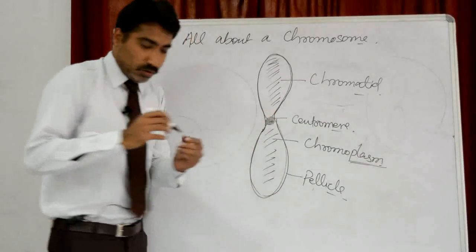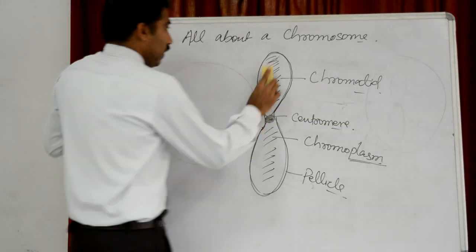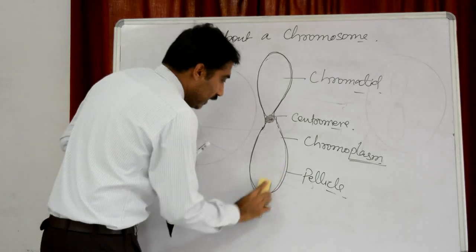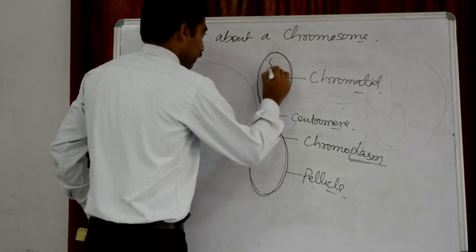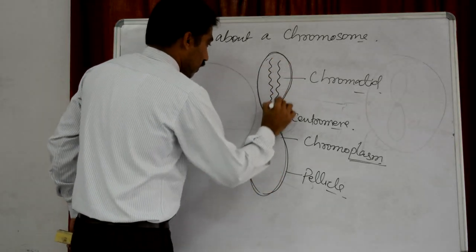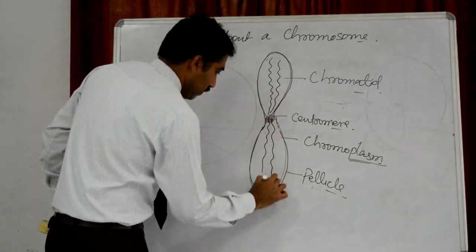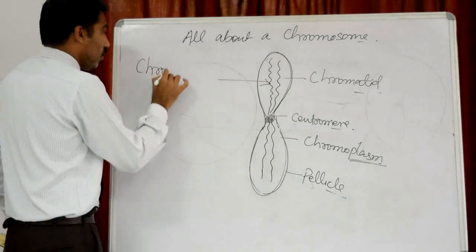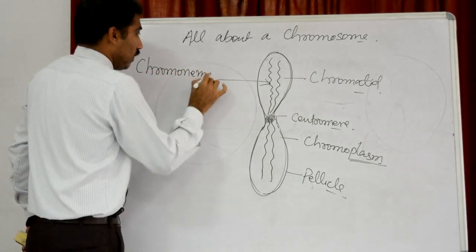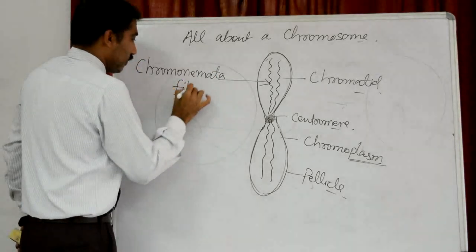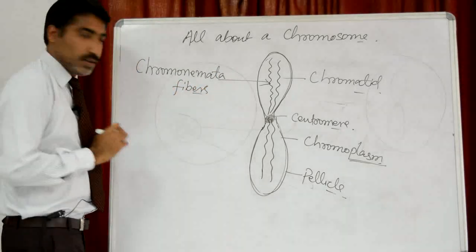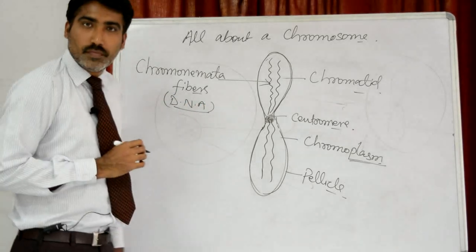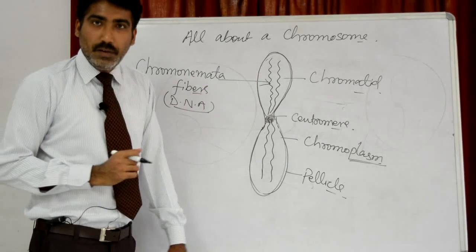Inside the chromoplasm, thread-like fibers are present, which are known as chromonemata fibers. It is actually the DNA part of the chromosome. These are the chromonemata fibers.